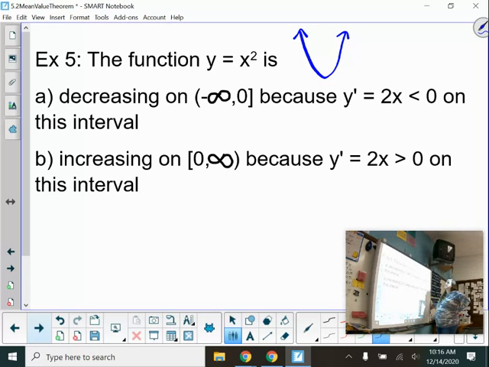It is decreasing from negative infinity to 0 because y prime is 2x, and if this is my 0 here, if I plug in any value on this interval into the derivative, I'm going to get a negative value. It's increasing from 0 to infinity because, again, y prime is equal to 2x, and that 2x is always going to be positive if I plug in anything from 0 to infinity.